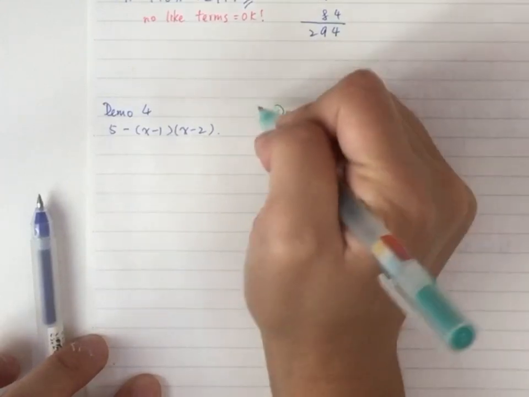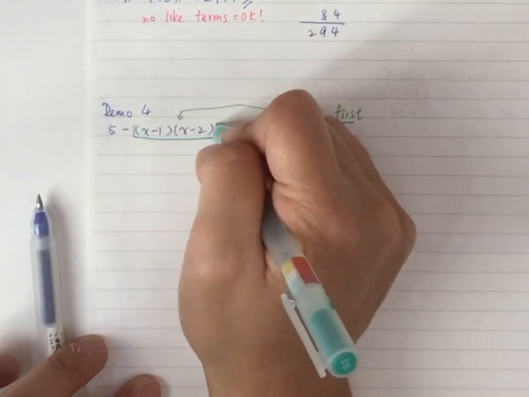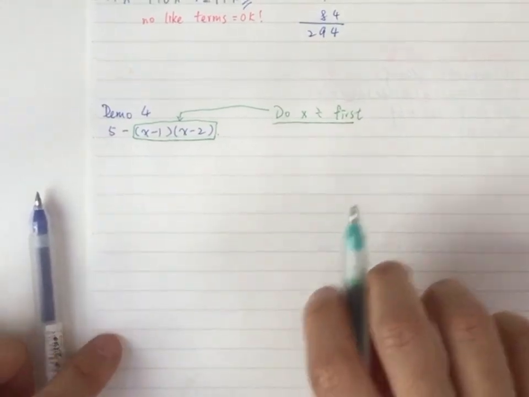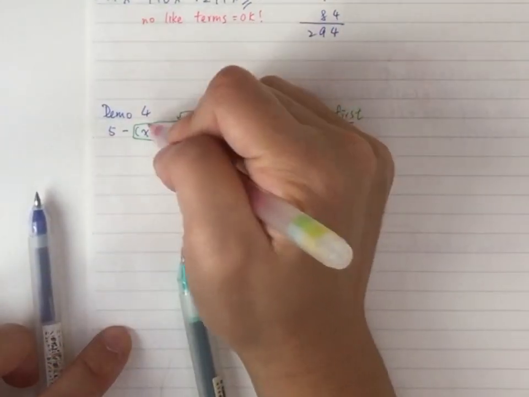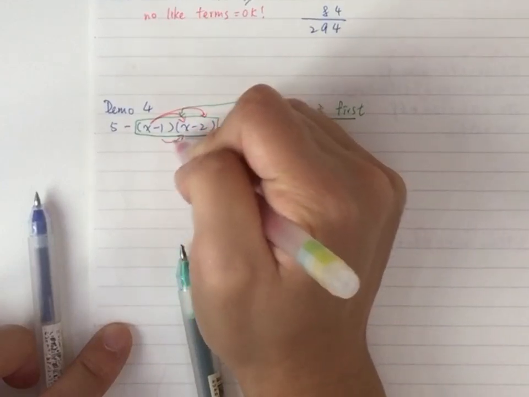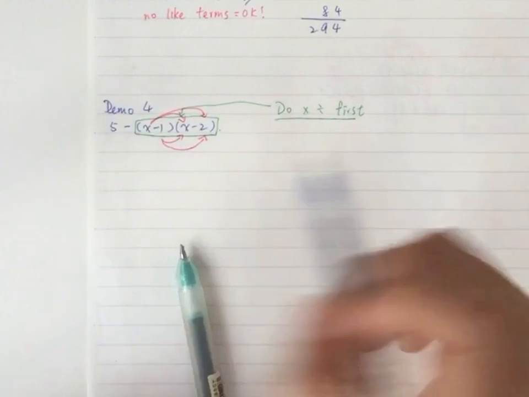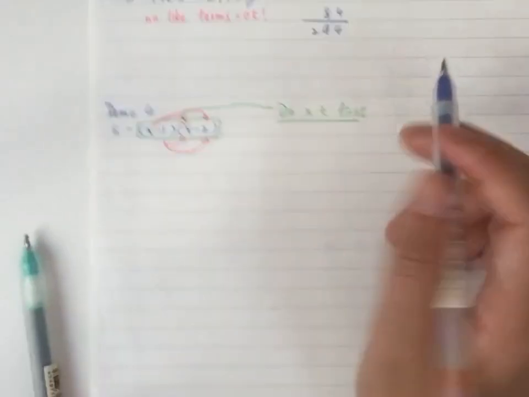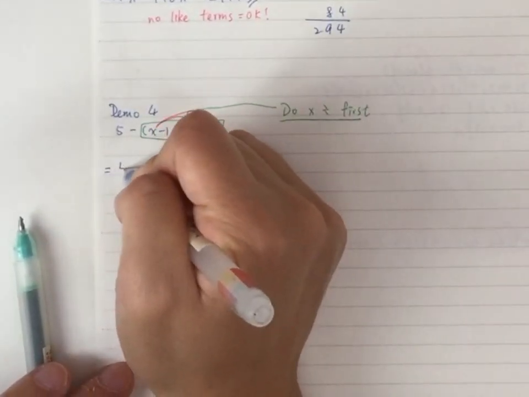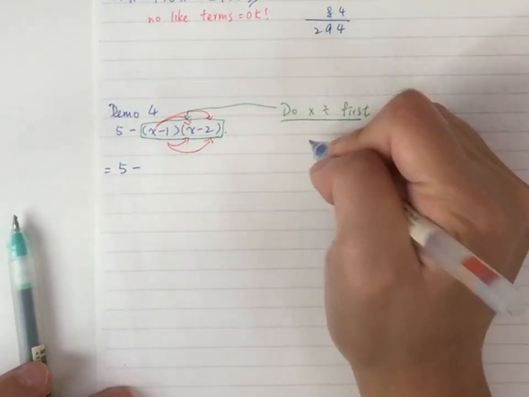Similarly, we also handle multiplication and division first, but of course we only multiply here. So we multiply x minus 1 by x minus 2. We handle it one by one, x minus 1 multiplied by x minus 2. You should get 4 terms inside, right?